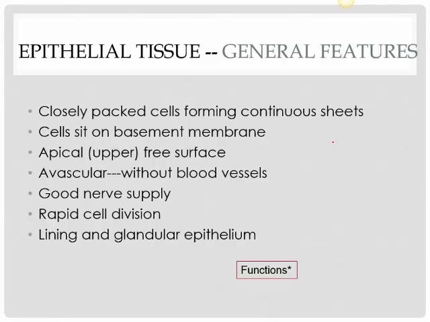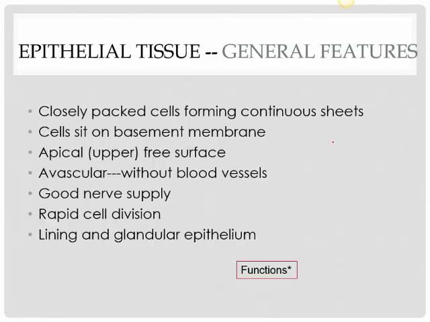For example, the lining of the gastrointestinal tract, the lining of the respiratory tract, the lining of the reproductive or urinary tract. So the lining inside, or on the outside of your body, for example, the epidermis of the skin.